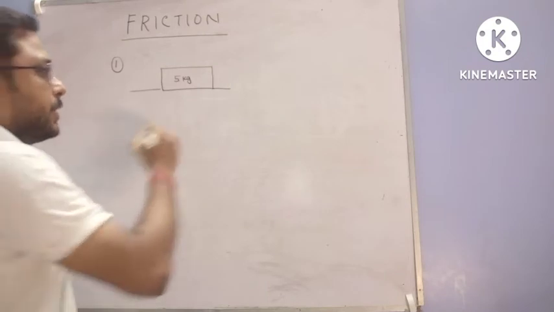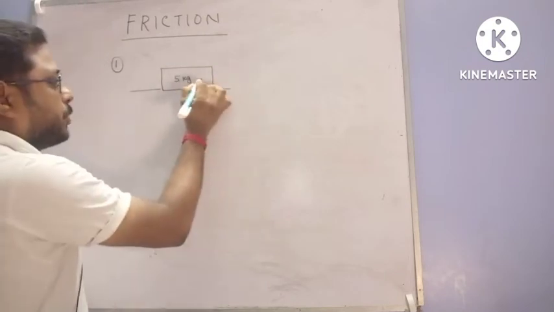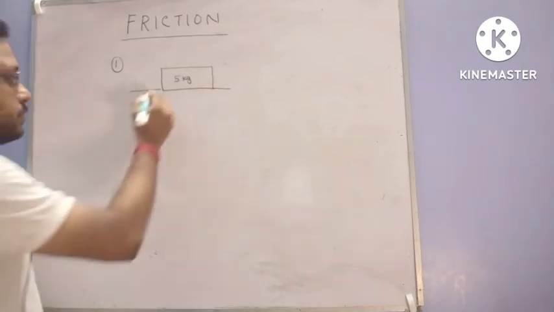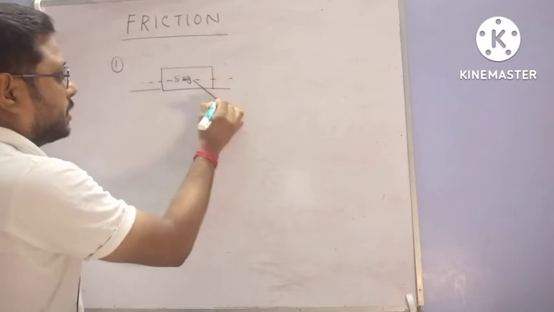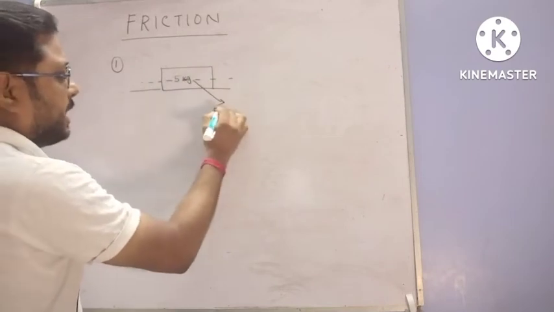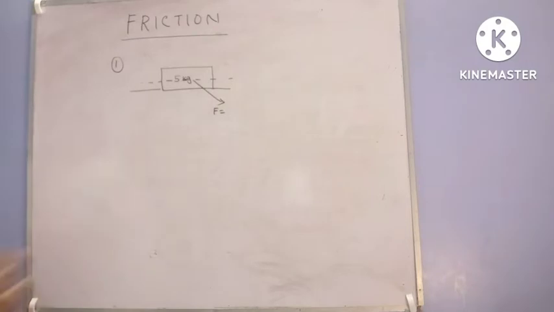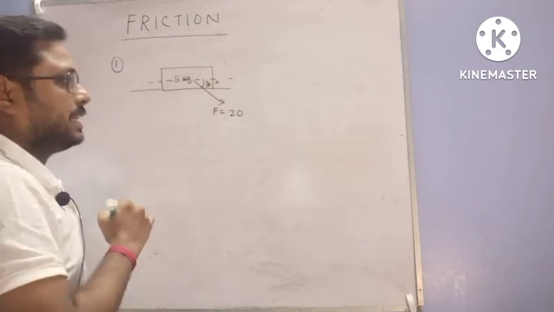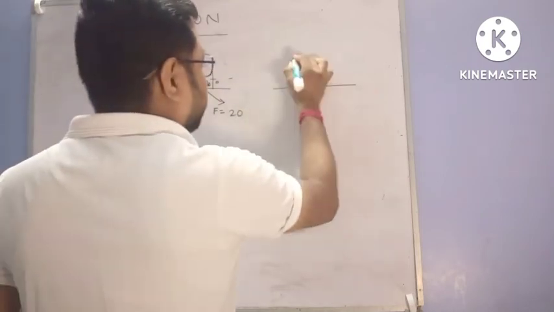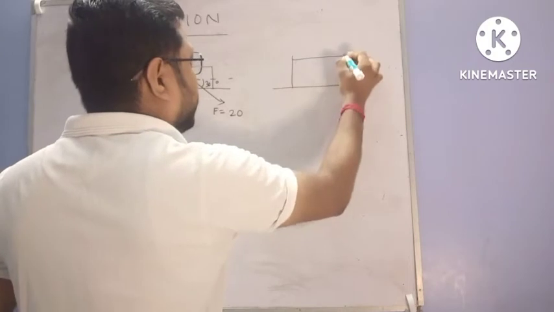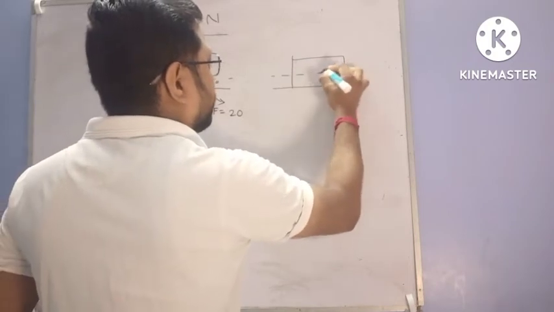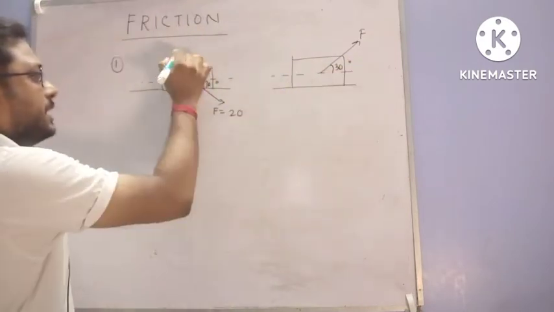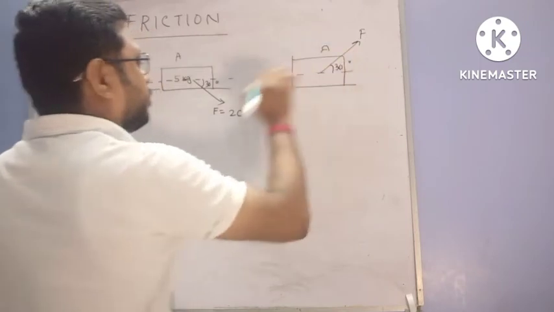If we push it by a force F equal to 20 Newton making an angle of 30 degrees with the horizontal, and if we pull it with a force F making 30 degrees to the horizontal, the two blocks are the same.